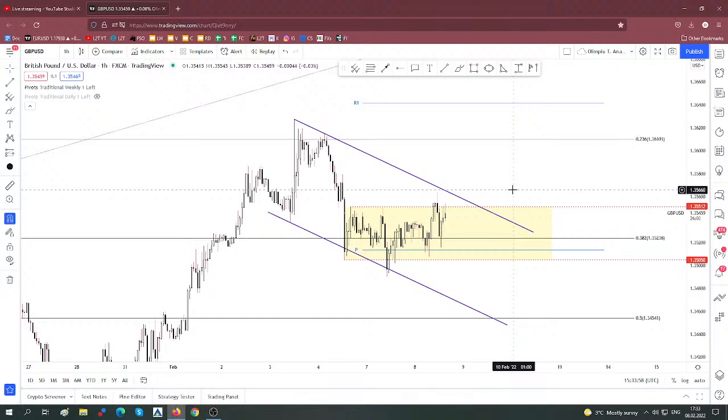He loved Pitchfork, yeah. It's not like that, it's not that I love Pitchfork. After several years of using a lot of indicators, when I discovered Pitchfork, that tool helped me to analyze the markets on the diagonal.